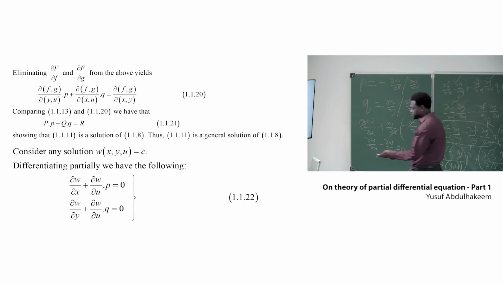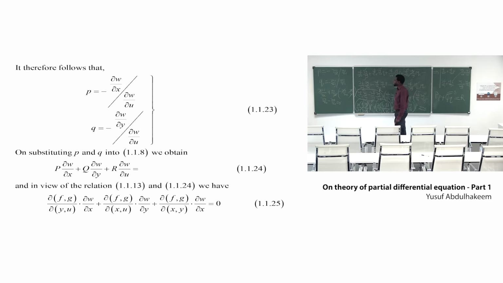The same thing happens to the other equation, which is this. So on substituting P, Q and R, we obtain this equation. Now, in view of the relations 1.1.13 and 1.1.24, we have this particular equation.